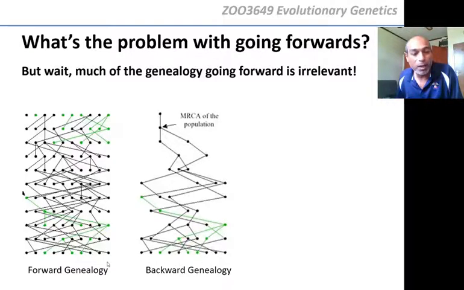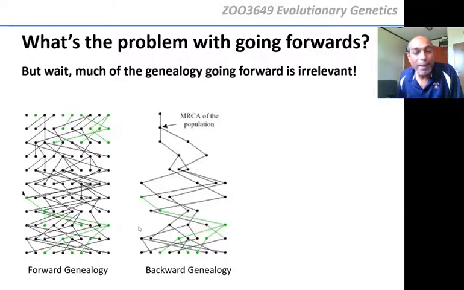So this one, if you start here at the last generation and work backwards, then you get this backward genealogy. And you trace all today's individuals, all of them, you can trace them back using their lines of ancestry and descent to a common ancestor, the most recent common ancestor, what we call the MRCA, of this Wright-Fisher population.